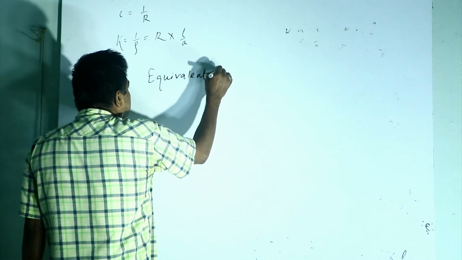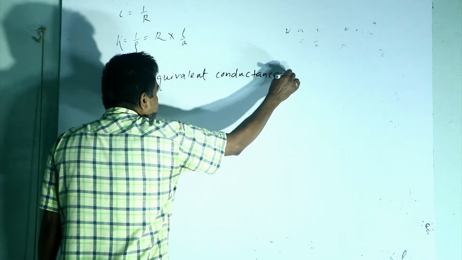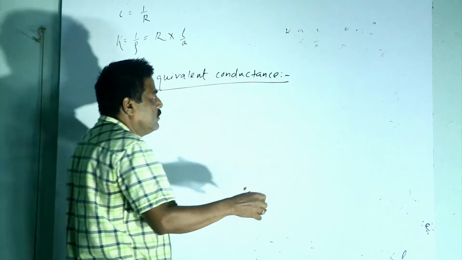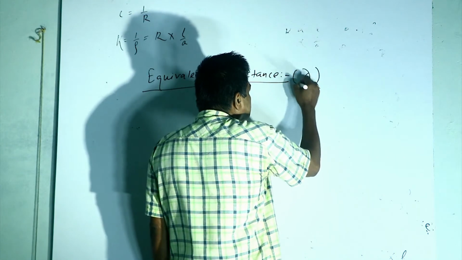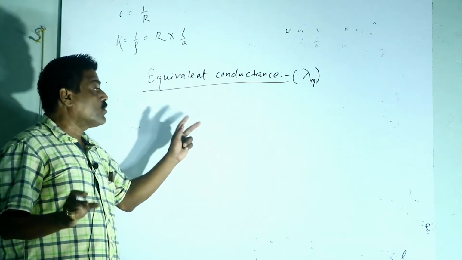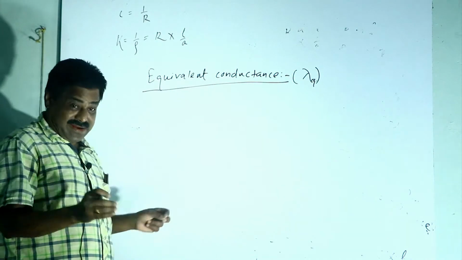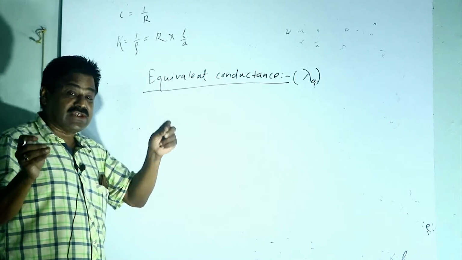Equivalent conductance. This term, equivalent conductance, is represented by lambda EQ, let's say. This term is very important in electrochemistry because to compare the conductivity character of different electrolytes, this term is always taken.